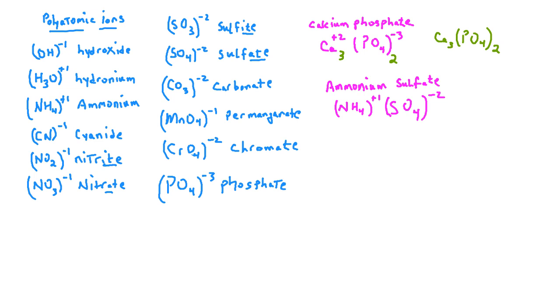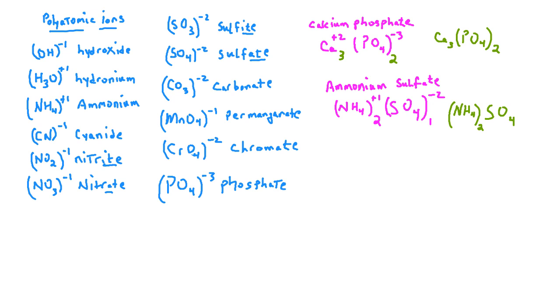So if I take 2 ammonium ions, with each ammonium ion giving 1 electron, then this gives 2, and all I need is 1 sulfate ion, because that'll take 2. And so we don't write the 1 when there's a parenthesis. So this would be written as (NH4)2SO4, 2 of those NH4, but now we only need 1 sulfate, so we can just write SO4. Okay, and that's the formula for ammonium sulfate.